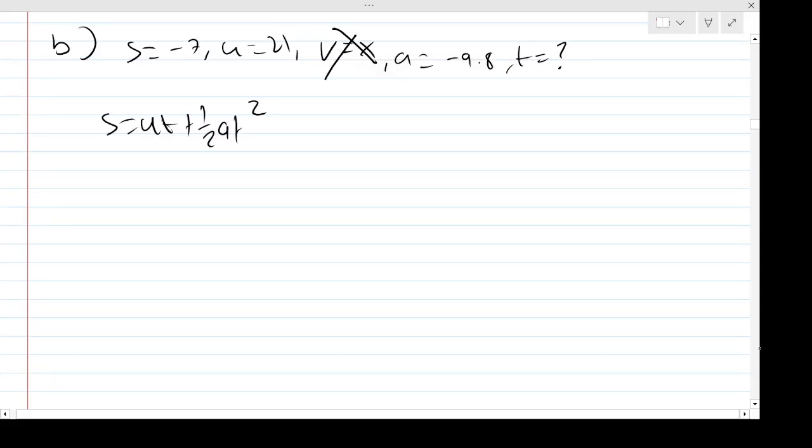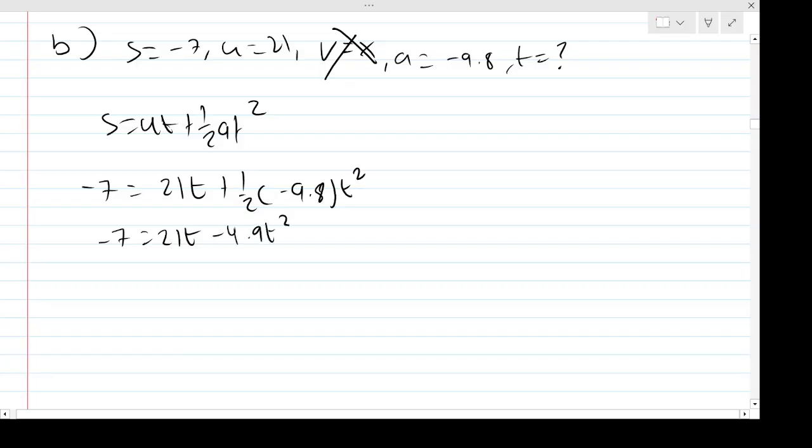Okay, and so if I sub my numbers in, -7, it's going to be 21t plus a half, lots of -9.8t squared, right? So if I simplify it, I get -7 is 21t, then a half of -9.8 is -4.9t squared, right? And so you can see we get a quadratic in t.